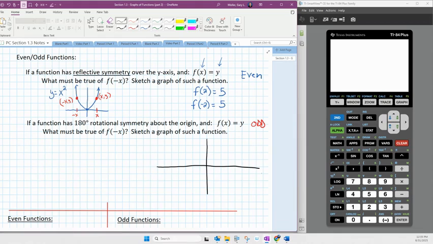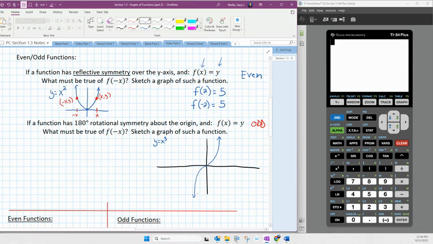So a function that has rotational symmetry could be as simple as y equals x, but let's do one that has a little more excitement to it, and that would be our friend the cubic graph. If I look at y equals x cubed, that graph is sort of like a parabola going this way, but then the other side of the parabola shape is going down.